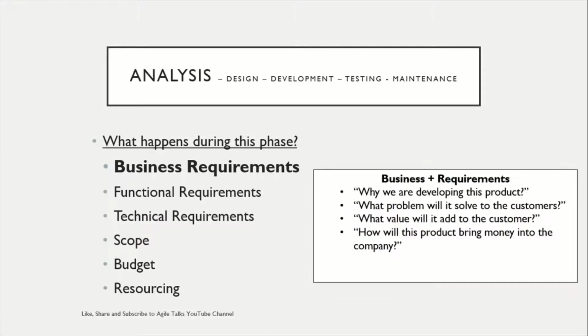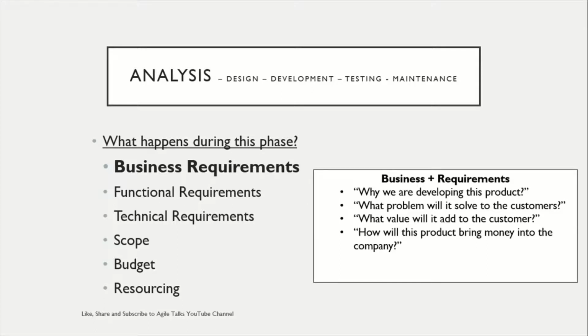Now, we've seen the meaning of the word requirements, and also the meaning of the word business. Requirements, we all know it's a need, and business is typically what we are selling, so in this case it revolves mostly around the product that we are trying to sell. Combining the business and requirements, this addresses basically the following questions.